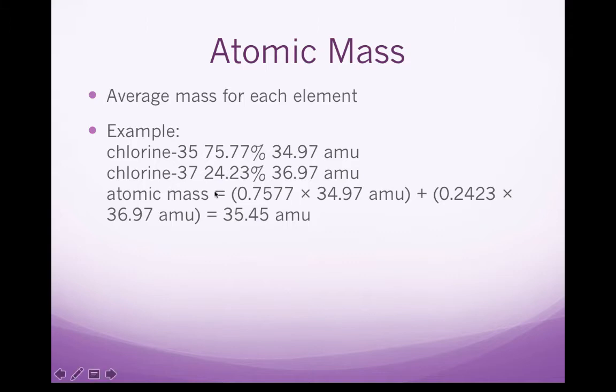So to calculate the average atomic mass, remember we multiply the fraction of isotope 1, which is chlorine 35, and that fraction is 0.7577, and we multiply it by chlorine 35's mass. Then we add that to chlorine 37's fraction, 0.2423, and we multiply that by its atomic mass, 36.97, and we get 35.45 for chlorine's average atomic mass. And you can compare that to the periodic table. It should be the same as what's on the periodic table.